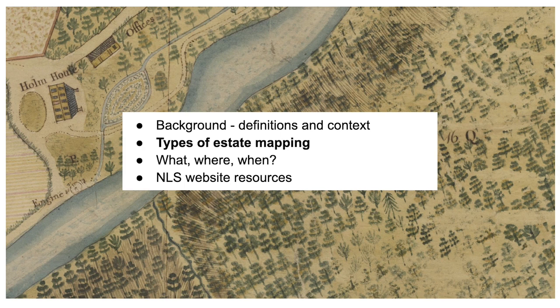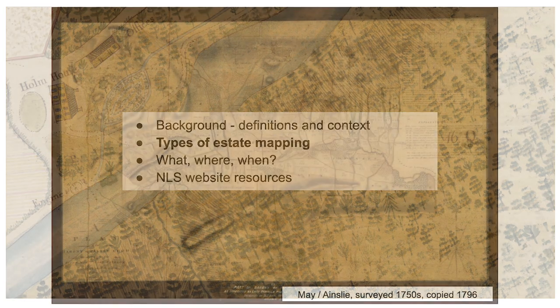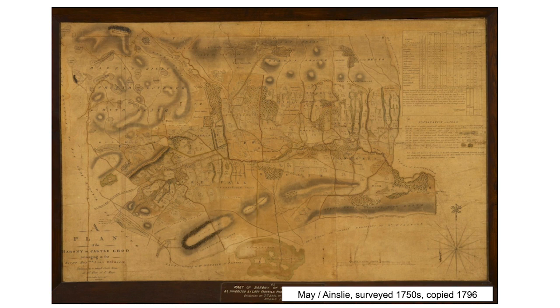So that's enough by way of background, and I'd like to now look at different types of estate mapping, returning again to this map of the Strathpeffer area from Cromarty Estates.